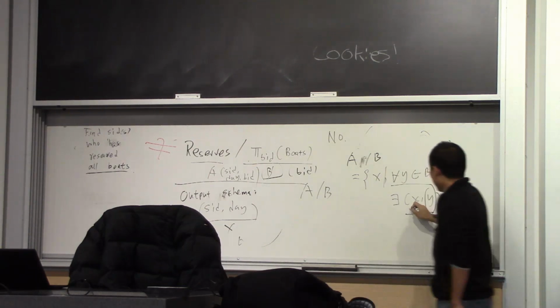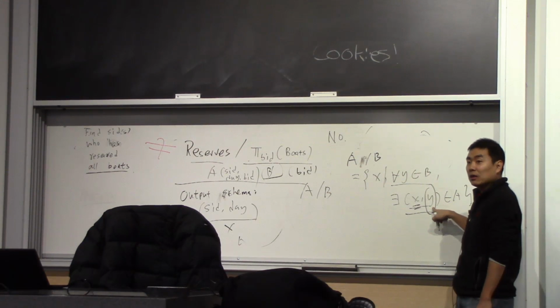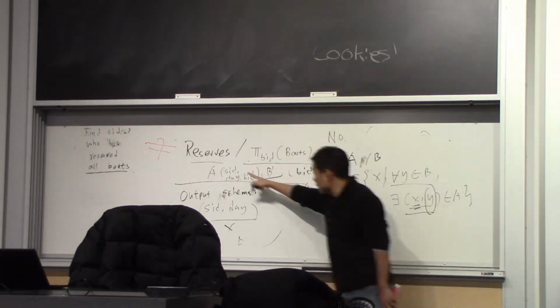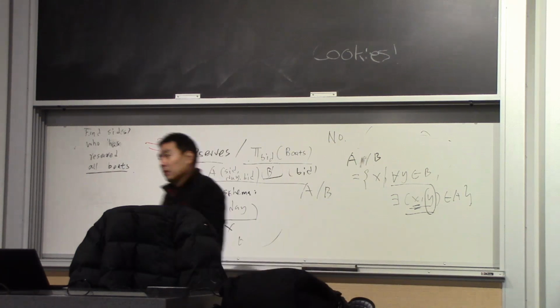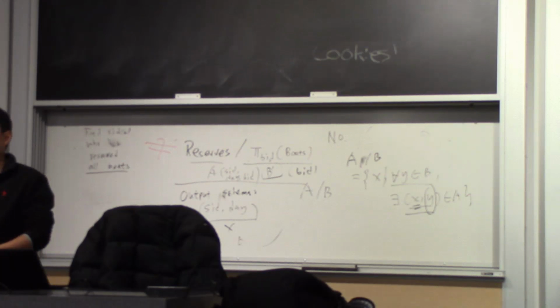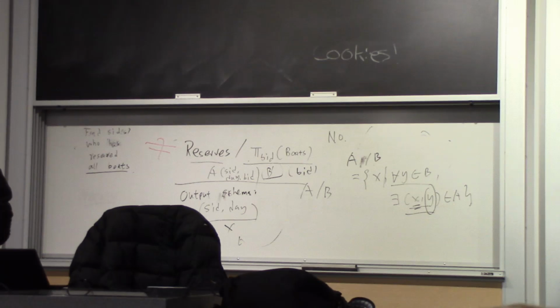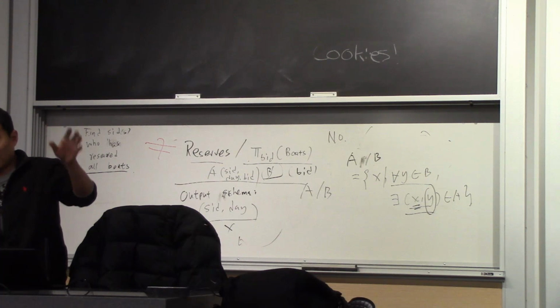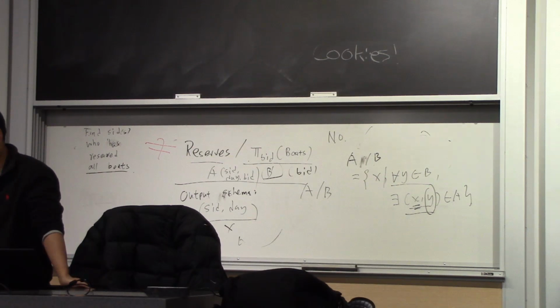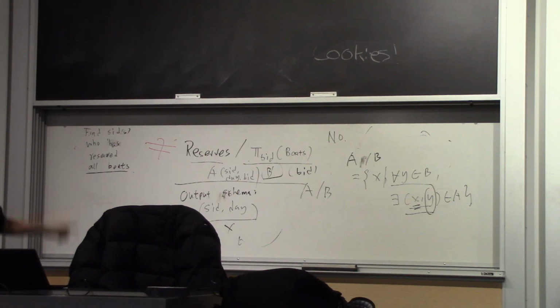If x and y is from A, when y is boat ID, x must just be sailor ID and day. That's essentially the second point I mentioned at the beginning of today's lecture. The output schema is whatever is in A but not in B, schema-wise, not instance-wise. So that's the output schema.